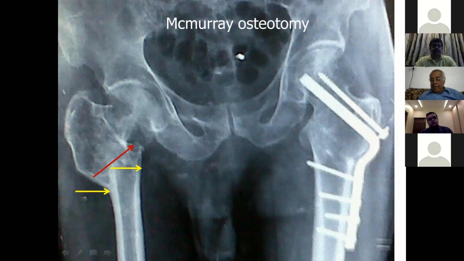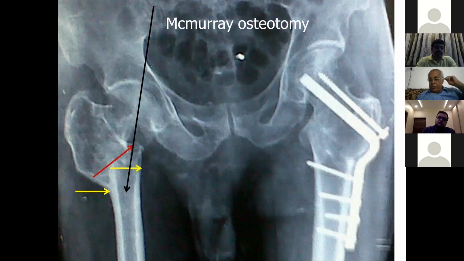If the examiner asks you what is McMurray's osteotomy, it's a medial displacement intertrochanteric oblique osteotomy. The weight bearing is from the sacroiliac joint, because the fulcrum is broken, to the head, and then directly to the distal fragment. It gives you an armchair type of effect. This is the armchair. If you sit in a chair which has arms, you will not fall.